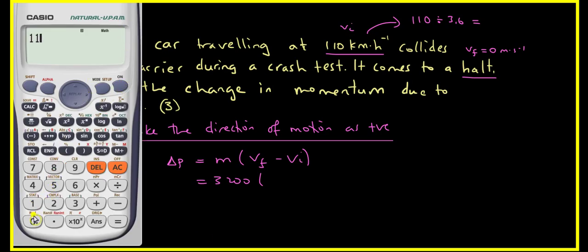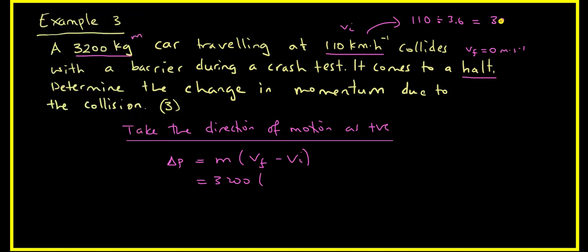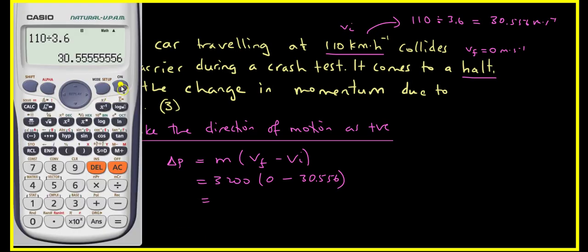So 110 divided by 3.6 gives us 30.556 meters per second. So that's our initial velocity. Our final velocity, however, is 0. So we say 3200 multiplied by 0 minus 30.556.